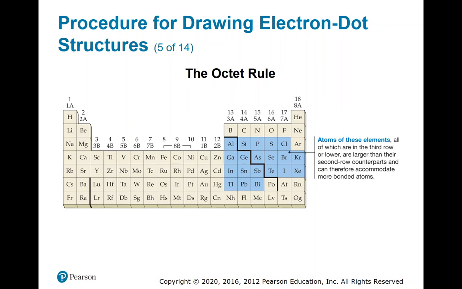The elements highlighted in blue do tend, in many cases, to behave the same way as their row 2 equivalents in the same group, because they have the same number of valence electrons. However, they are larger atoms, and so there will be plenty of examples where they can actually have more bonds than you'd predict based on the octet rule.